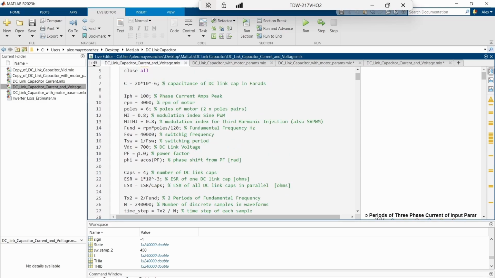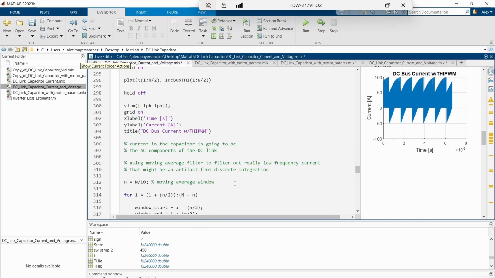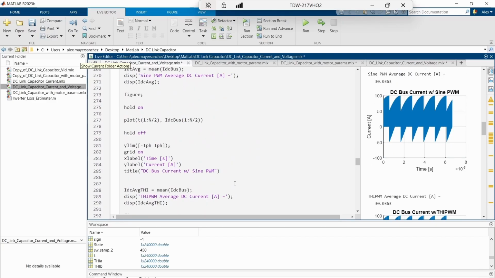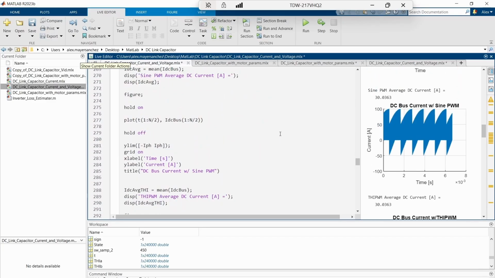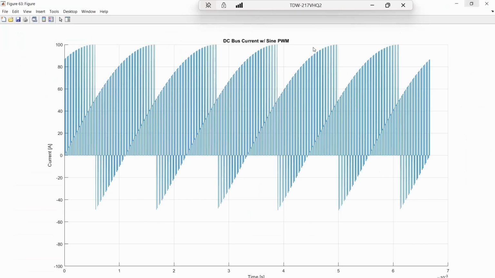Now I'm going to change the power factor to, let's just try 0.5. Okay, now it finally loaded with a power factor of 0.5, and now you can see that the current from the DC bus goes negative.